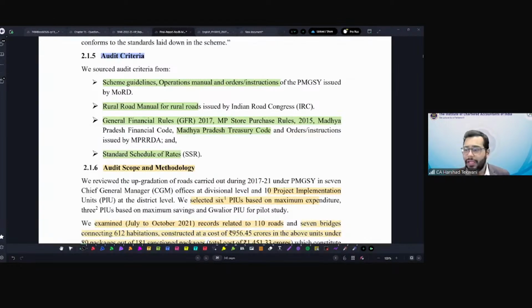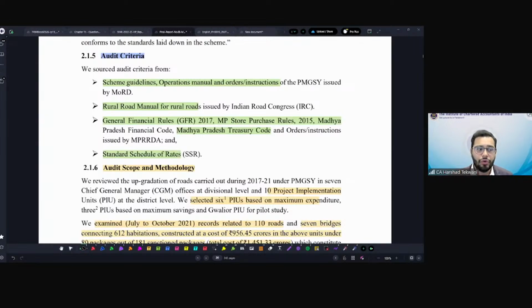Then you go for the actual procedures. Once you plan the audit, then you perform the audit. You gather the evidence, you evaluate the evidence, and then you go with the audit findings and form conclusions. Yes or no? That you do in the normal audit also. And then comes the reporting part.